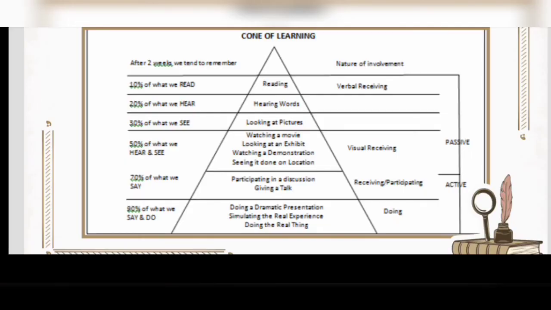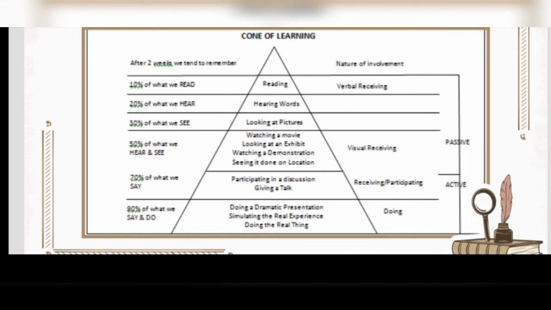In the cone of learning, the picture shows that from the passive, it is verbal receiving. It shows that 10 to 50% is the learning rate of a student in class when passive.